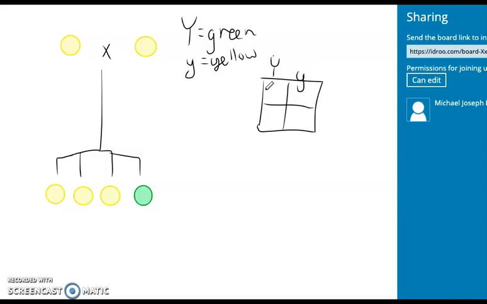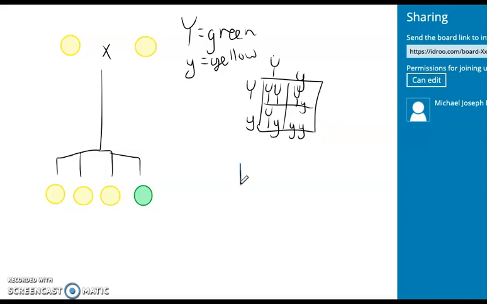If you thought that it was one parent that's heterozygous and another parent that's heterozygous, you would be correct because it would look like this. And remember, you always draw the capital letter first when you're doing the Punnett squares. Okay, so that's what it would end up looking like.